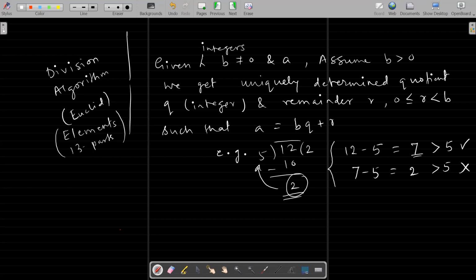Let me tell you a funny story about divisibility, and then we'll continue further with the rules of divisibility. Yeah, so here is a story. Once 7 dwarfs went to meet, who was that?